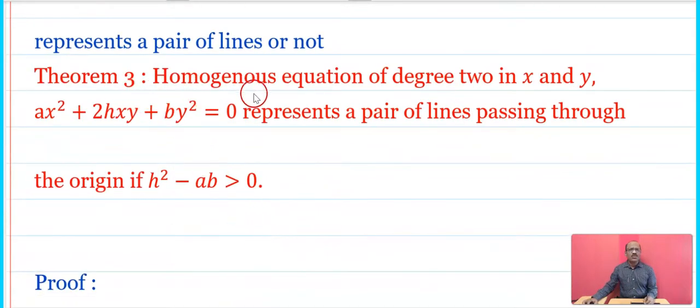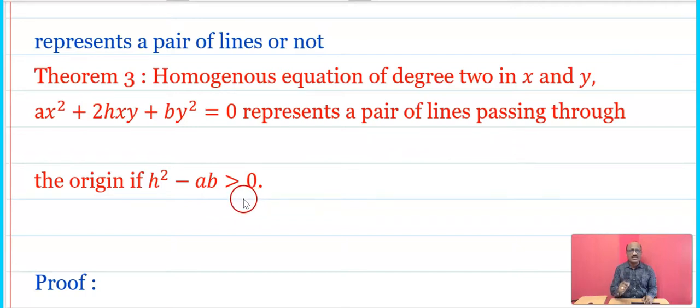What is that? The homogeneous equation of degree 2 in x and y, ax square plus 2hxy plus by square equals 0, represents a pair of lines passing through the origin if h square minus ab is greater than or equal to 0.